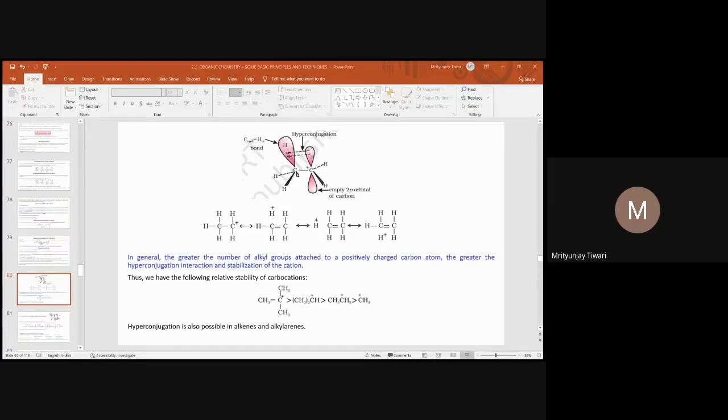Although the positive charge distribution is not the same between this and this structure, it could be the same in these three structures, but that is not the same in this. But one can assume this to show the hyperconjugative structure.